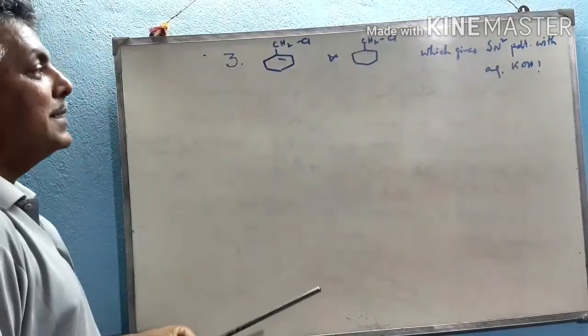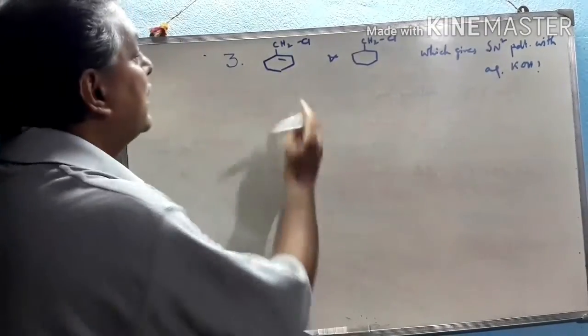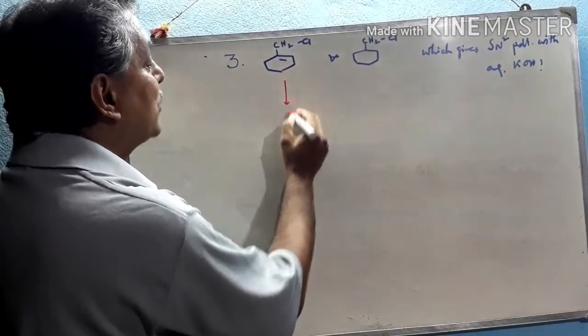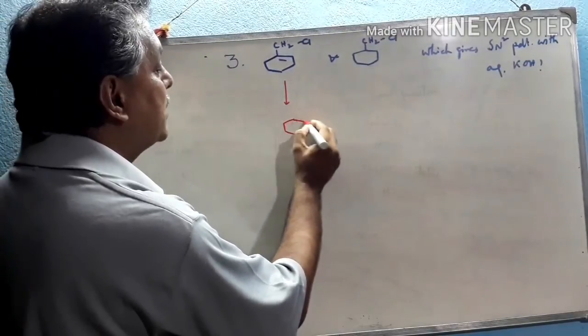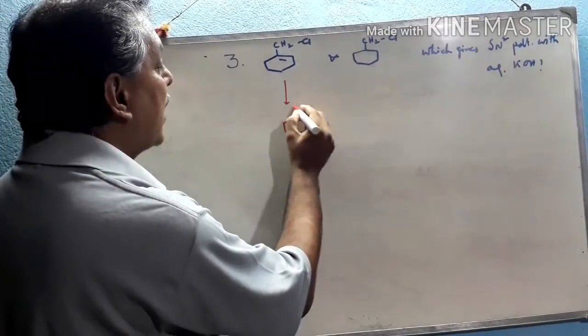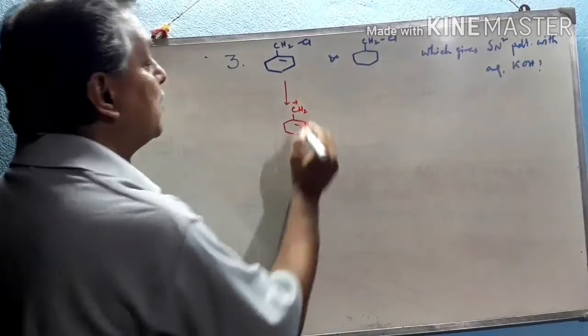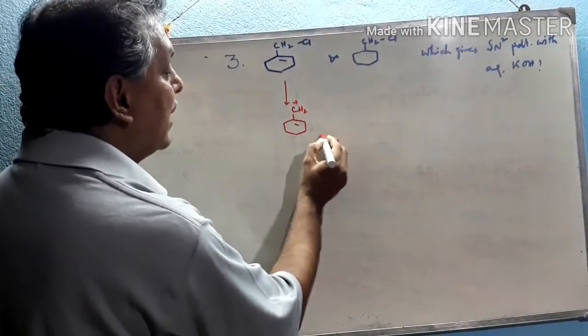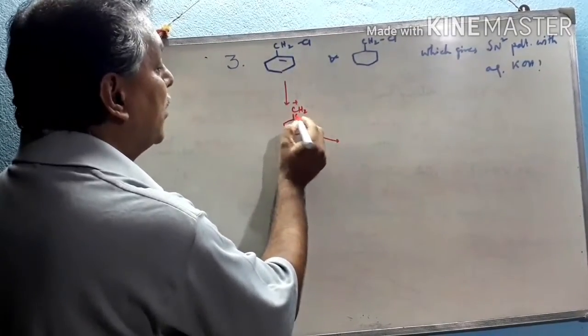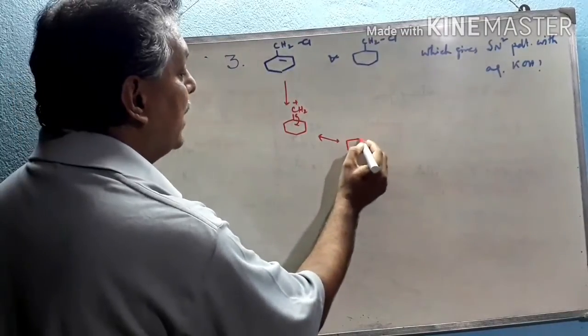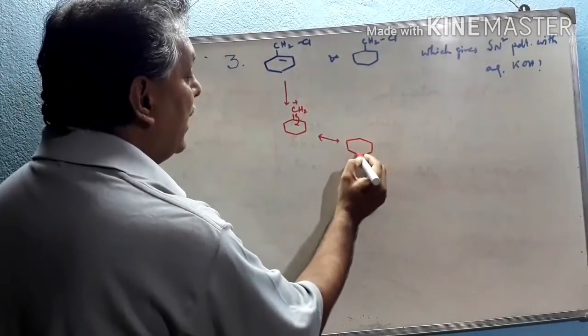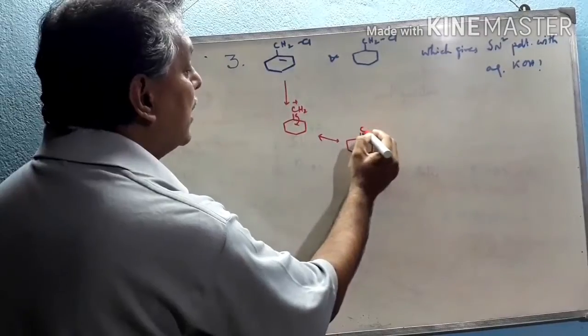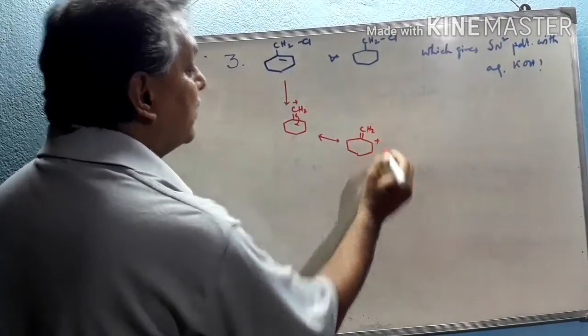But the problem is that whenever this compound undergoes the substitution reaction, it forms a carbocation like this, because this has resonance stability. That's why it undergoes carbocation formation.